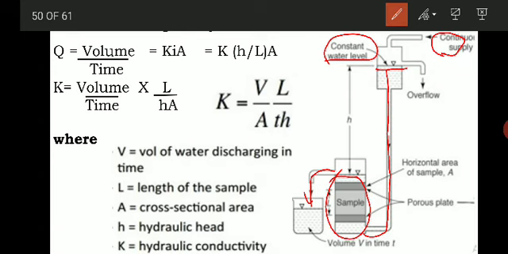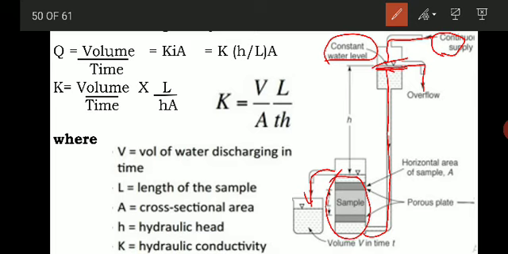So it is called constant head permeameter, because the head or the water level is maintained constant. There is a continuous supply of water which will maintain the constant water head. If it is in excess, it will overflow from this end, right?